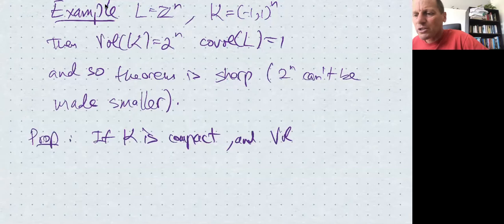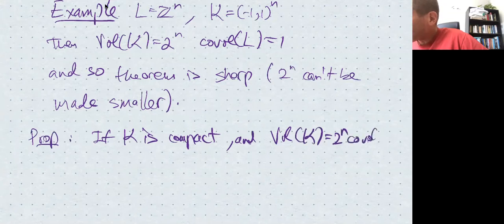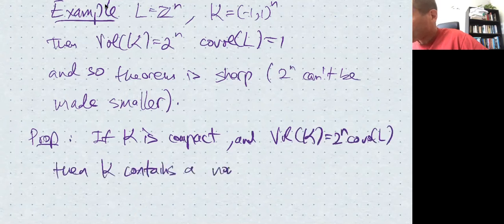So let me just say it as a proposition. If K is compact and the volume of K is equal to 2 to the n times the volume of L, then K contains a non-zero point of L.